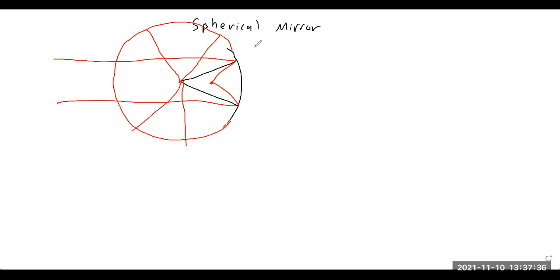So if you completed the sphere, all those normal vectors are going to meet in the center. So we can call that point our center of curvature.